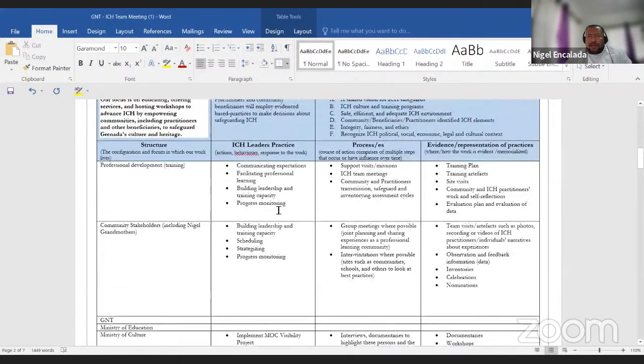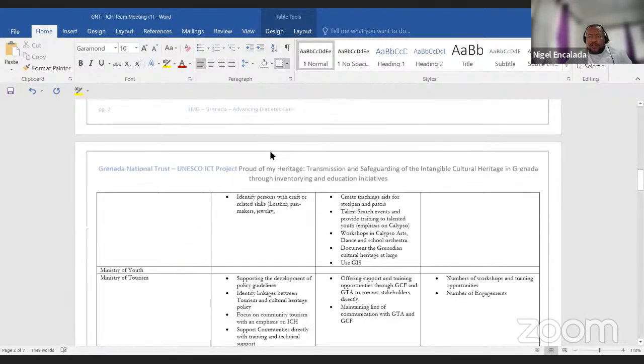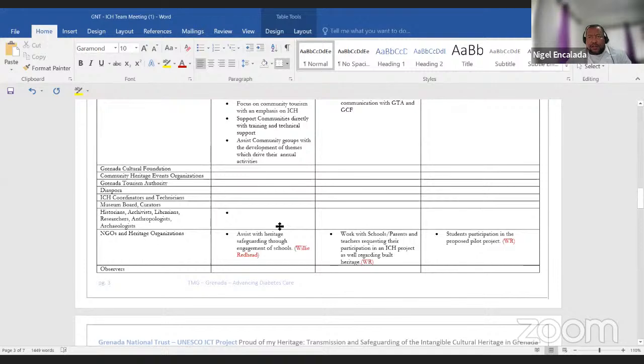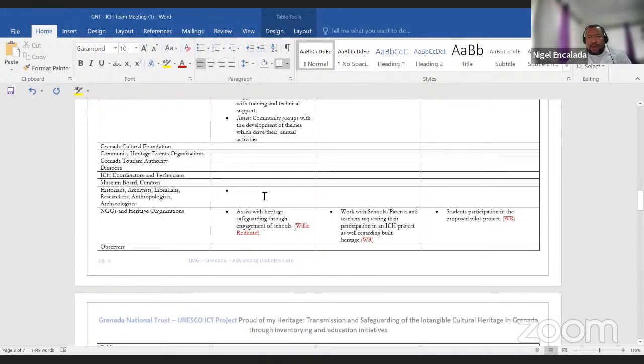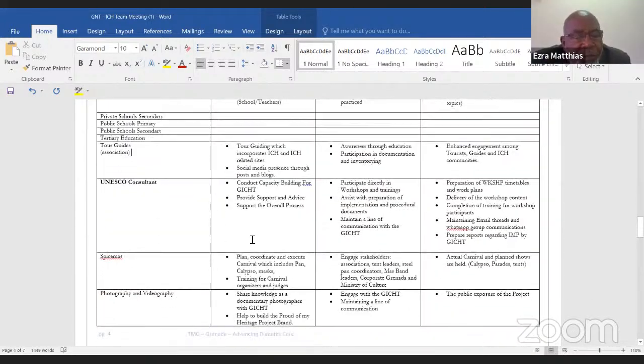We won't have the time, but we'd want to get feedback from the Ministry of Education, Youth, the Grenada Tourism Authority, some of the other heritage events organizations, the Cultural Foundation. I know Ms. Sherman has already made some commitments there.